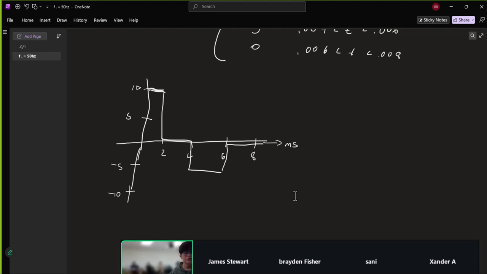And we're supposed to compute the RMS value of V.